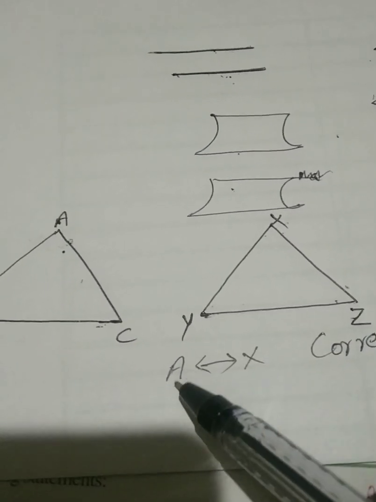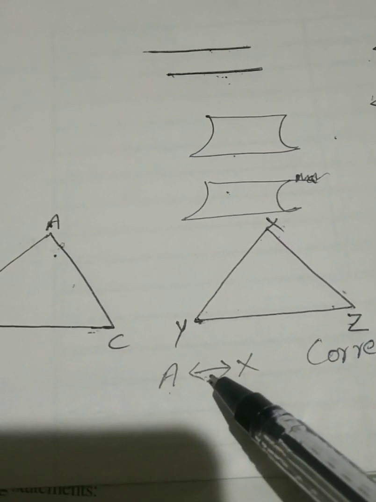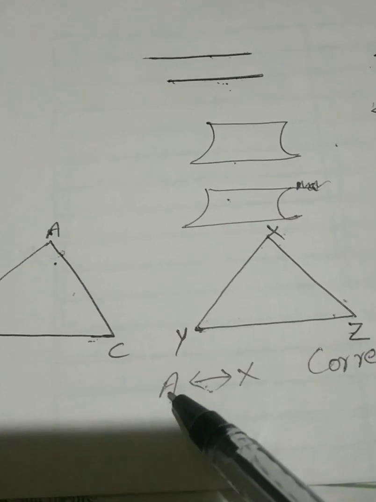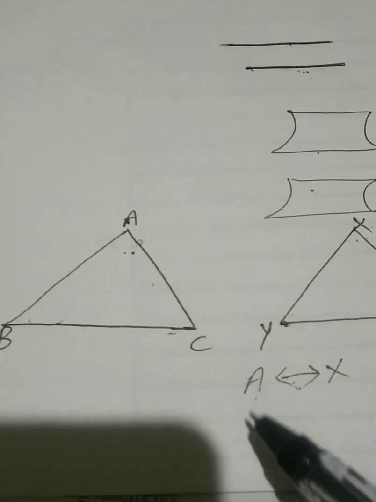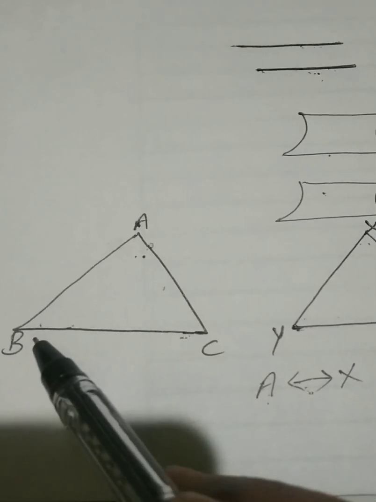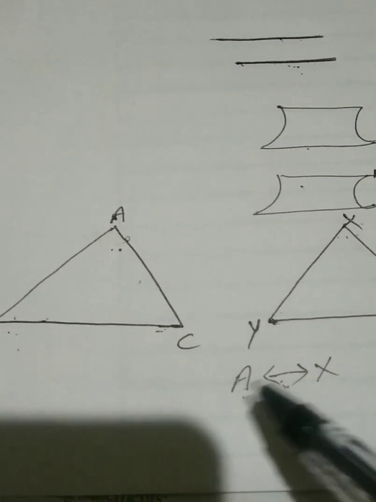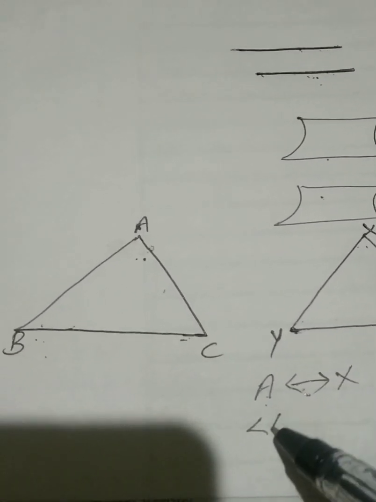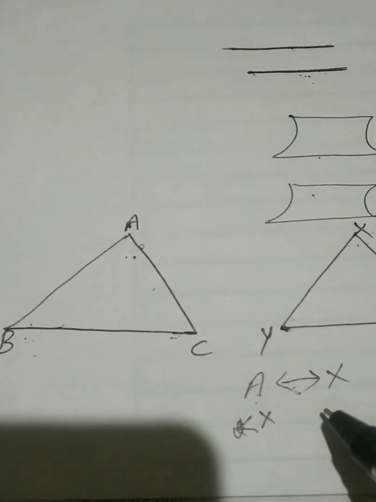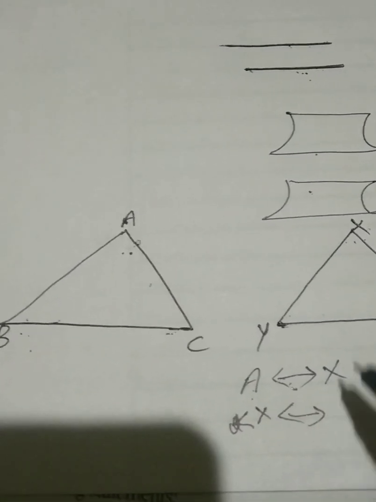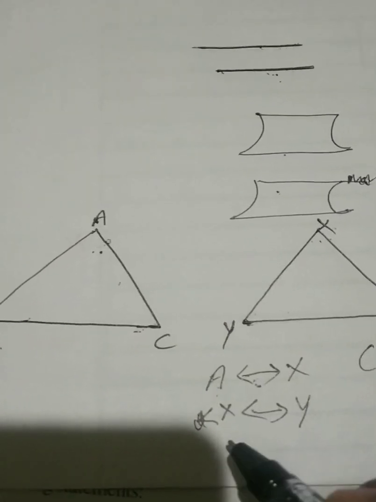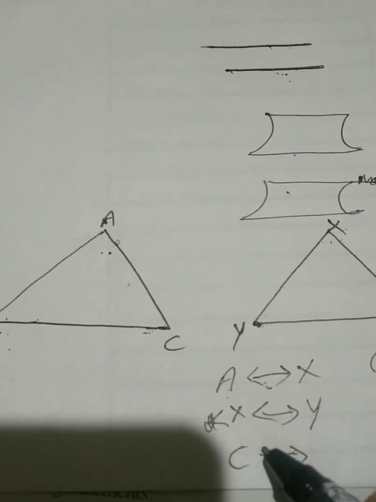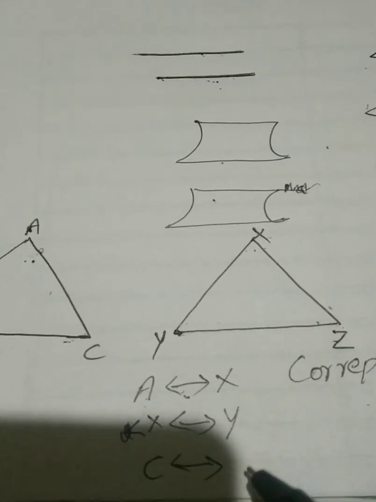Here is the symbol of correspondence. Angle A corresponds to angle X. Angle B, which angle is equal to angle B? Angle Y. Here angle C corresponds to angle Z.